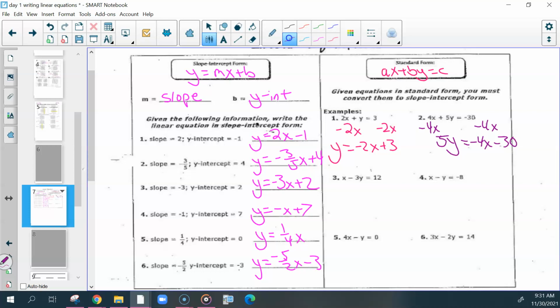And now we divide 5 for everything. So what would our equation be? Y equals negative 4 over 5x minus 6.